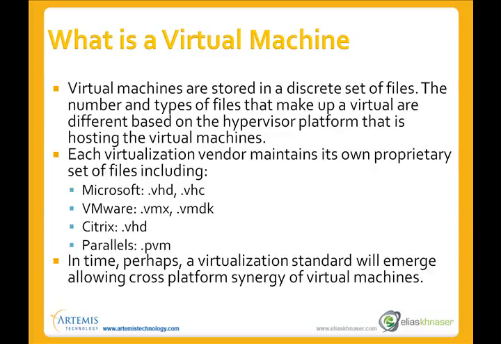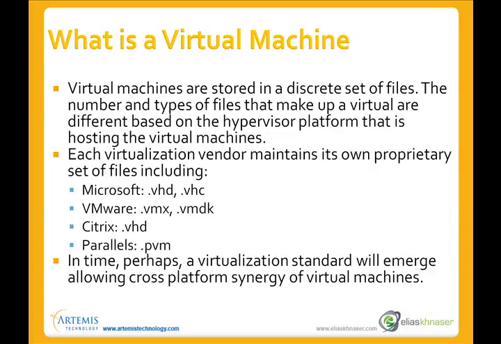Citrix has opted to go with the Microsoft standard, the VHD standard. Now, this is good because in time, hopefully, we'll have a standard that allows a virtual machine to cross hypervisors, to be able to run on different types of hypervisors. This is going to be especially important with the introduction of client hypervisors, where the hypervisor can now be installed on a laptop or a desktop and is not limited to a server.